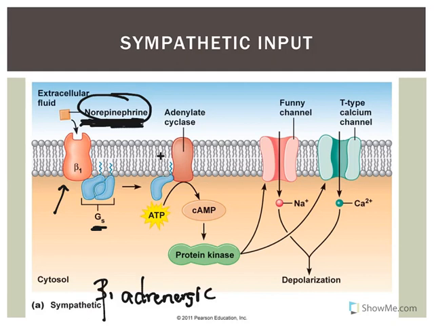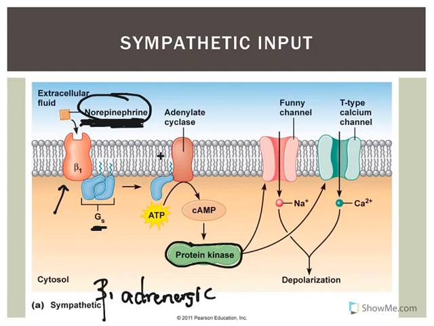So the beta-1 adrenergic receptor works through a specific type of G protein coupled receptor, G sub S, and as a result you're going to see activation of adenylate cyclase, which produces cyclic AMP. Well, this activates an enzyme called protein kinase. And what protein kinase does, it phosphorylates a number of different things. Here it does two different things.